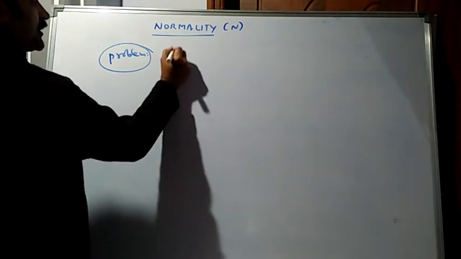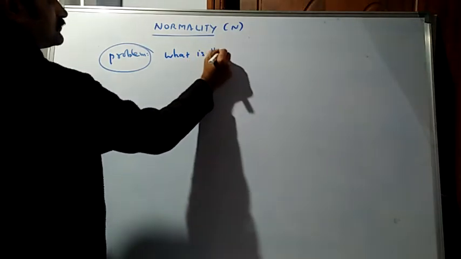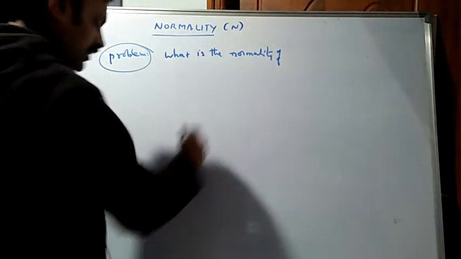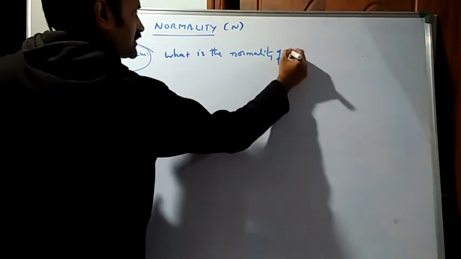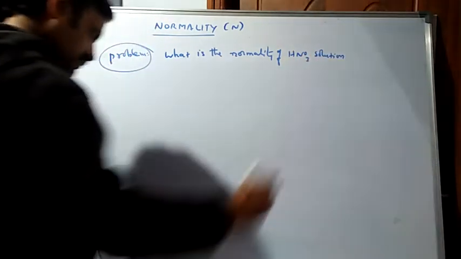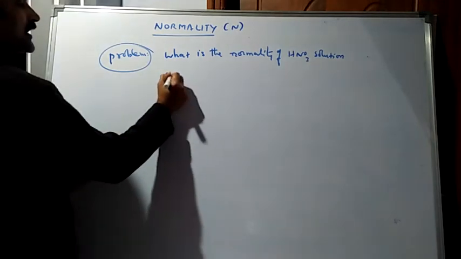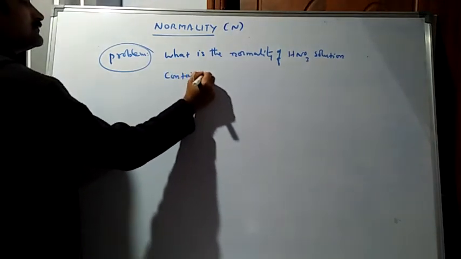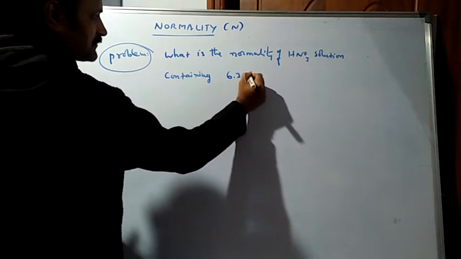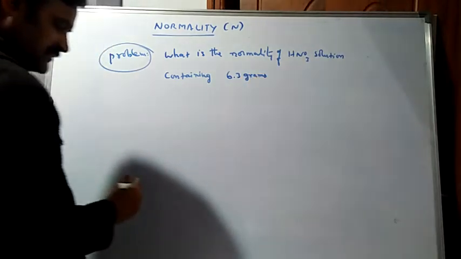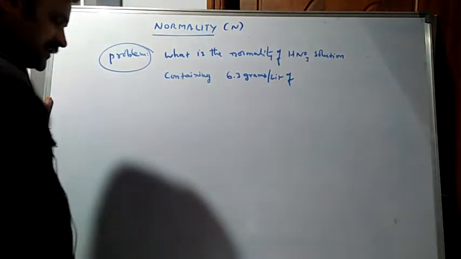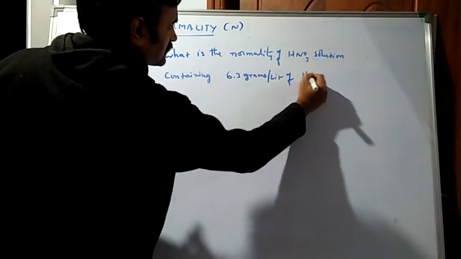What is the normality of an HNO3 solution containing 6.3 grams per liter of the solution?